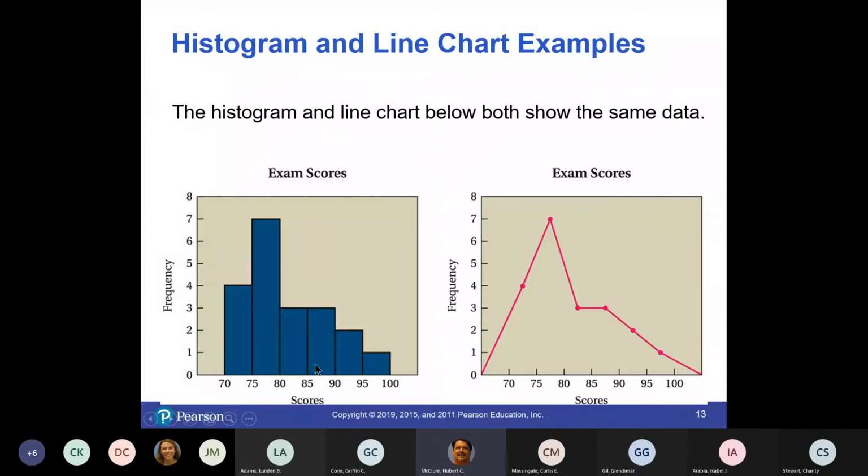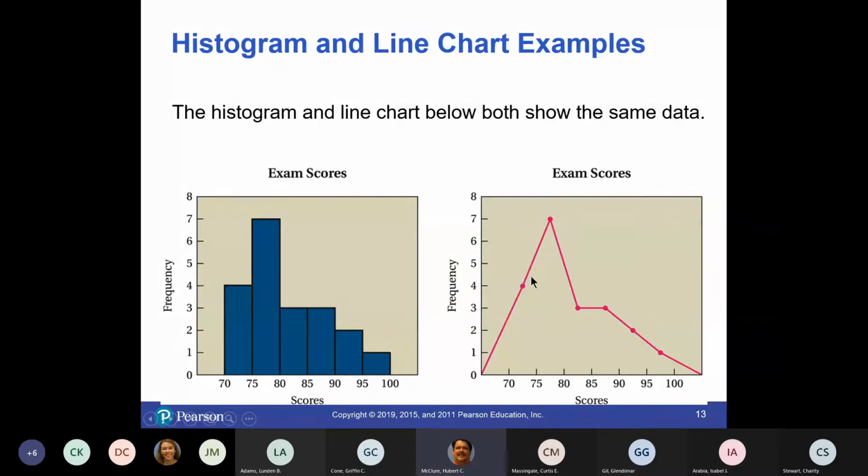Now, if you connect the dots, if you put a dot here and a dot here and a dot there, then you've got a line chart. These are used a good bit in business and marketing.